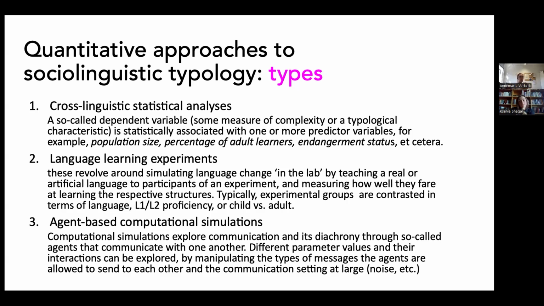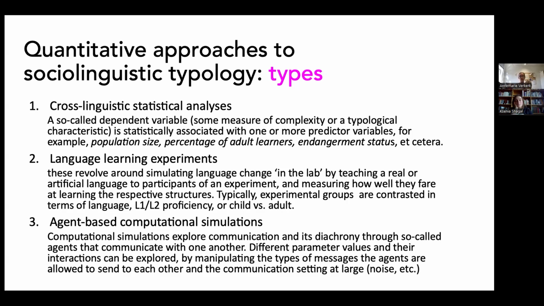So you can have English speakers learning that language versus, I don't know, Nepali speakers, and you see how they differ in learning those languages. Or sometimes they're contrasted in proficiency, or we have a group of child participants versus a group of adult participants. This is how they try to pull apart what matters, in terms of what kind of input these speakers need, and what is outputted in various iterations in these language learning experiments.